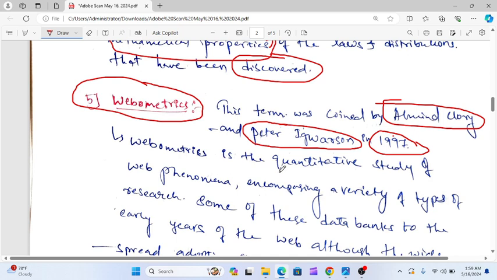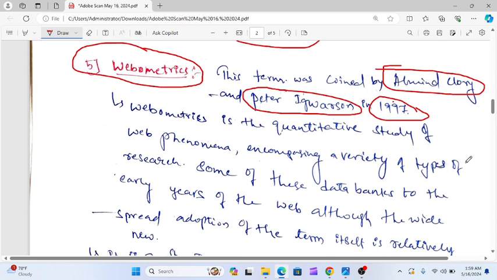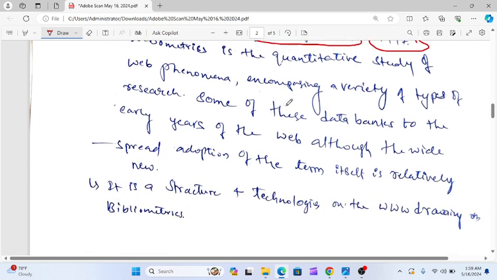Webometrics is a quantitative study of web phenomena, encompassing a variety of types of research. Some of these date back to the early years of the web, although the widespread adoption of the term itself is relatively new.